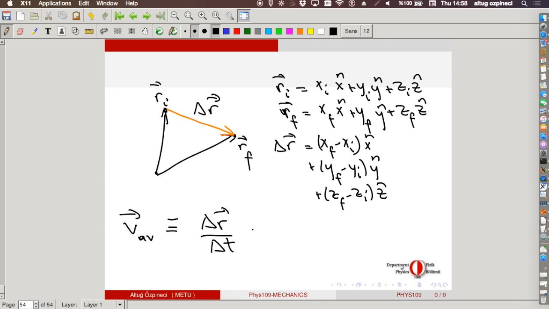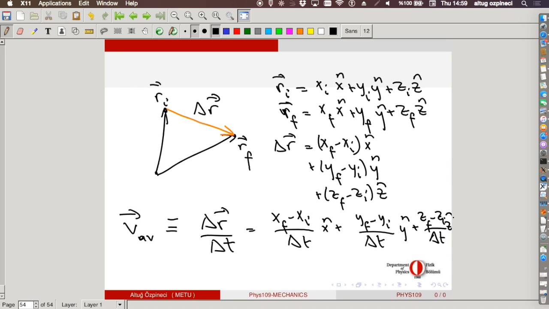So this is x final minus x initial divided by delta t, y final minus y initial divided by delta t, plus z final minus z initial divided by delta t, which we can also write as the average velocity, the x component, average velocity in the y component, average velocity, its z component.